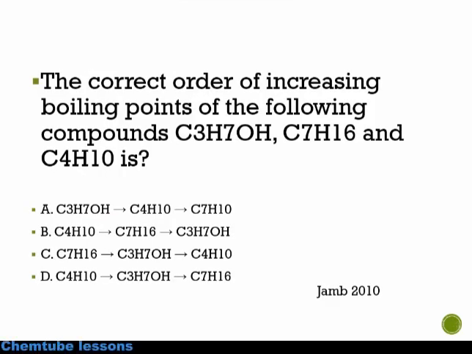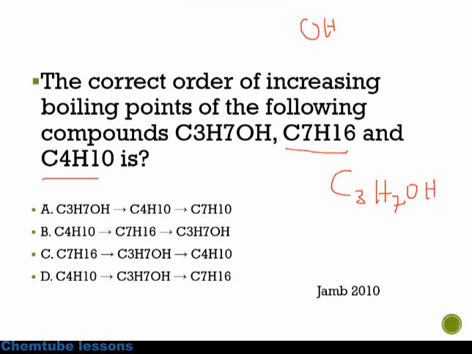Now, the correct order of increasing boiling points of the following compounds is. Now, in this question, I want you to understand that compounds that tend to have hydrogen bonds, like OH, tend to have higher boiling points than compounds that do not. So therefore, the compound with the highest boiling point is C3H7OH. Okay, so now we are left with this and this.